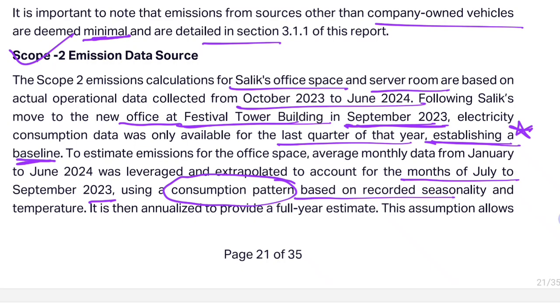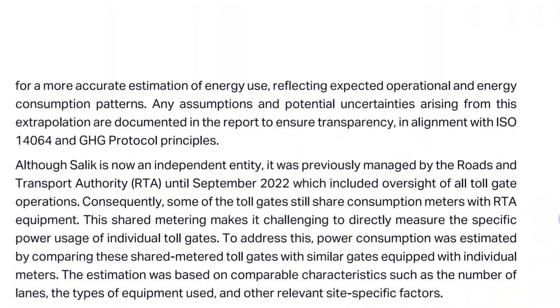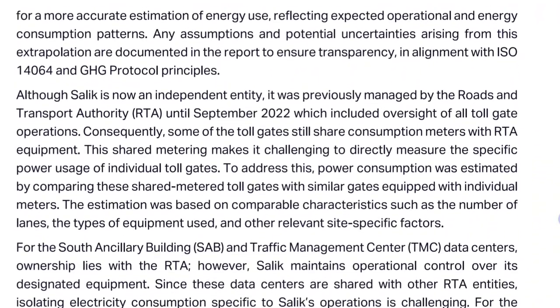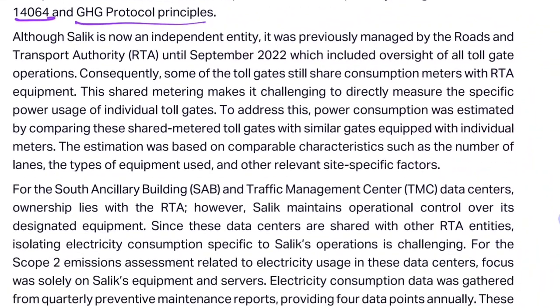It is then annualized to provide a full year estimate also. So this assumption follows more accurate estimation of energy use, reflecting expected operational and energy consumption patterns, and is also documented in the report to ensure transparency in line with 14064 and GRI protocol principles.